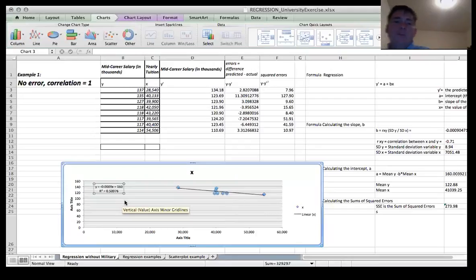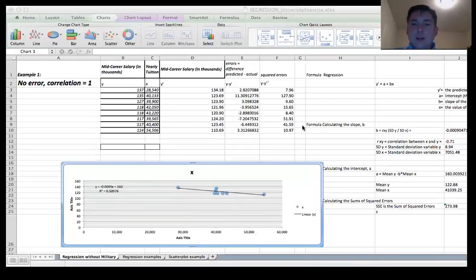This leads me to my final question for you guys for tonight. How much of the variation of the salary can we explain by the tuition cost?